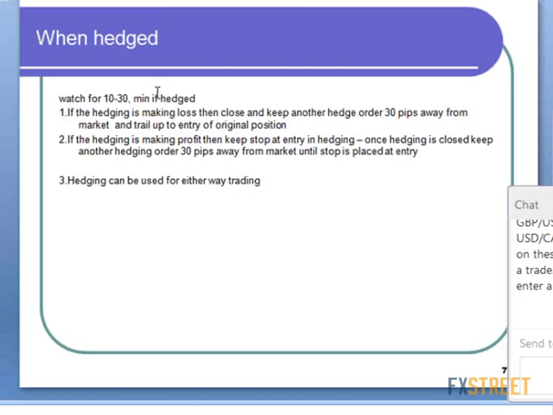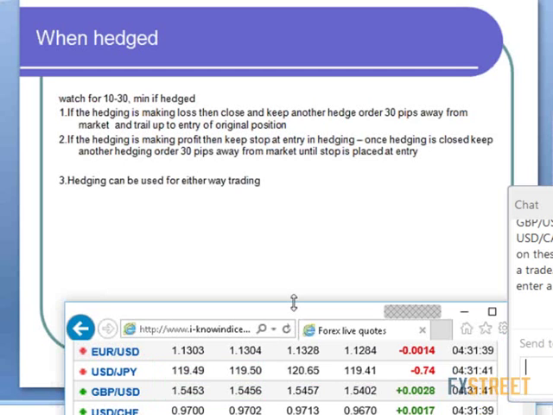Now, in the event if the position is hedged, we need to know how exactly this is going to be handled. If they hedge and in 10 to 30 minutes, the hedging is making loss, that means they filled my position during a brief upward stop, and then what happens?